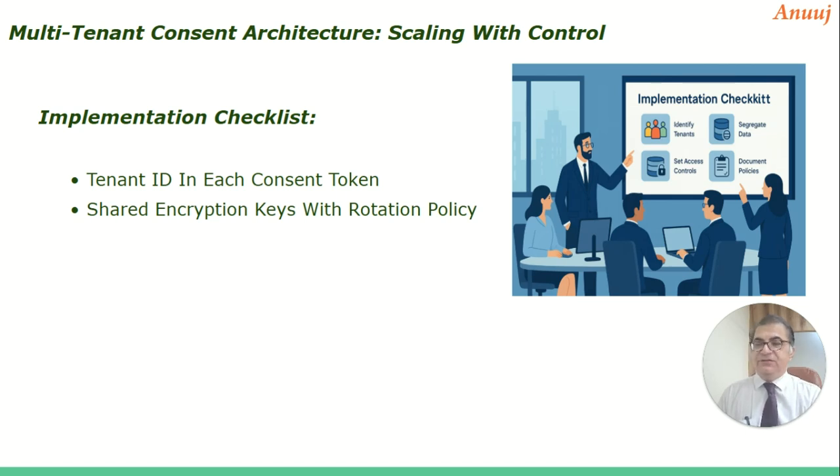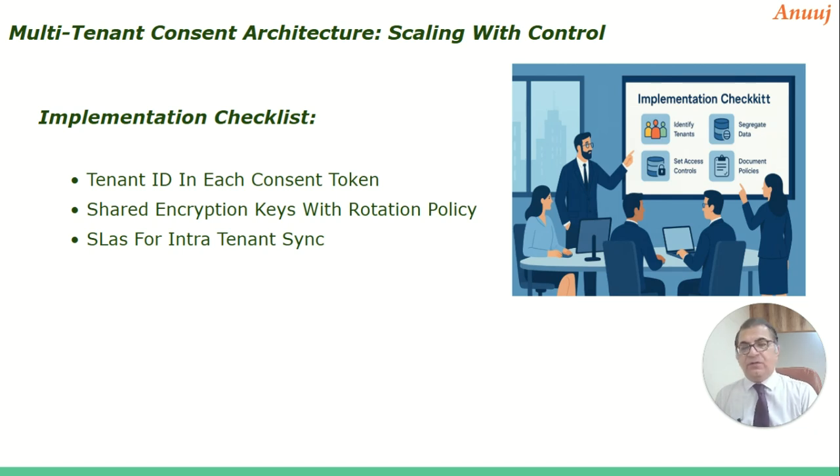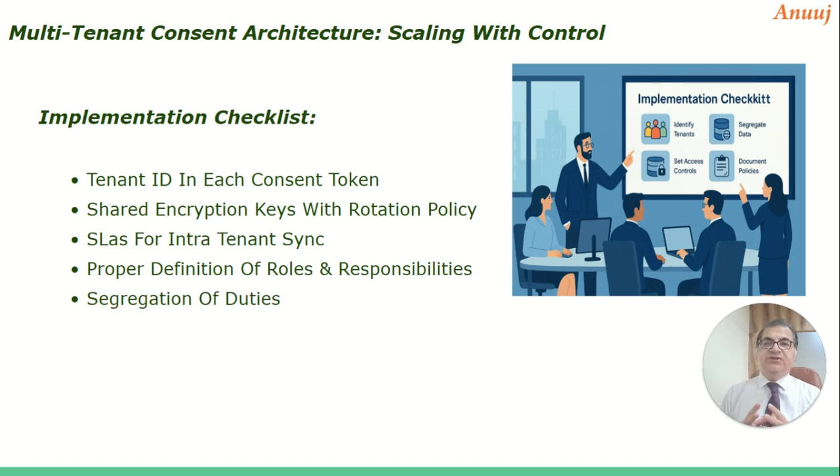Then the encryption keys need role-based access, and the repository needs role-based access. That needs to be ensured both on the tenant level as well as on the global level. They should meet the SLAs for intra-tenant sync of the data. There has to be proper definition of roles, responsibilities, and segregation of duties across the organization for various tenants.